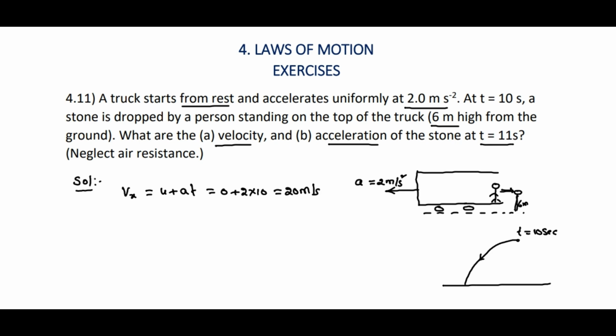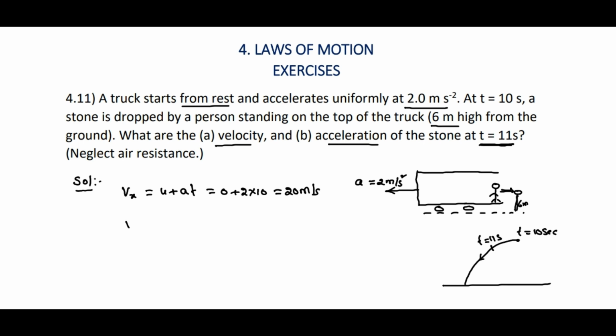But the question asks about t equal to 11 seconds. At t equal to 11 seconds, the particle is somewhere here. Then the time interval between these two is 1 second.